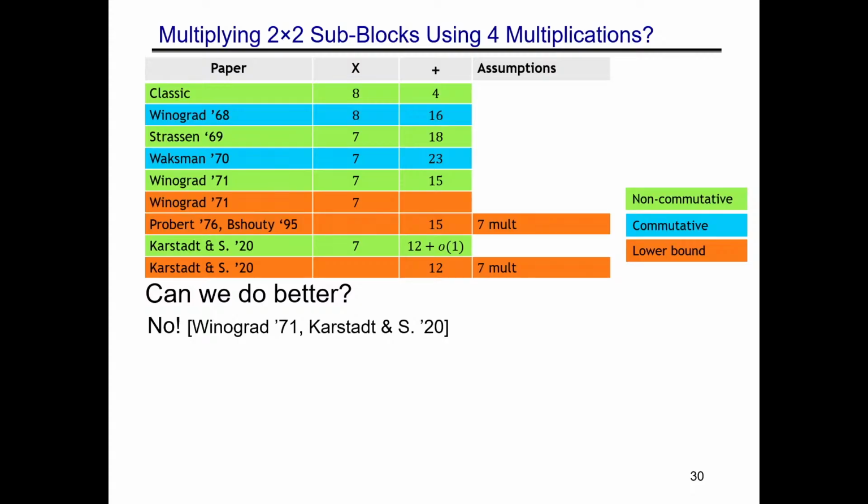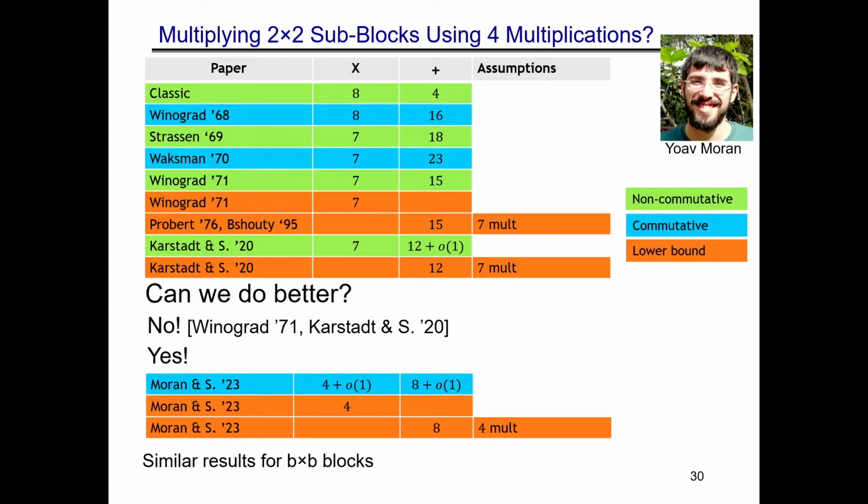And there's a question whether you can reduce both. What can you do in the context of trading multiplication for additions? And then Eli showed that 12 is the minimum number of additions you require if you do less than 8 multiplications. But then Yoav Moran showed that you can do 4 multiplications using only 8 additions.